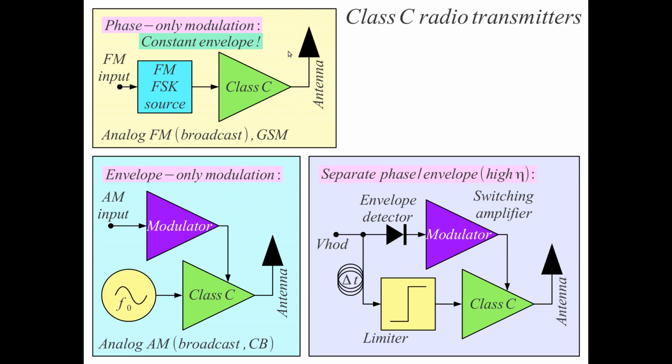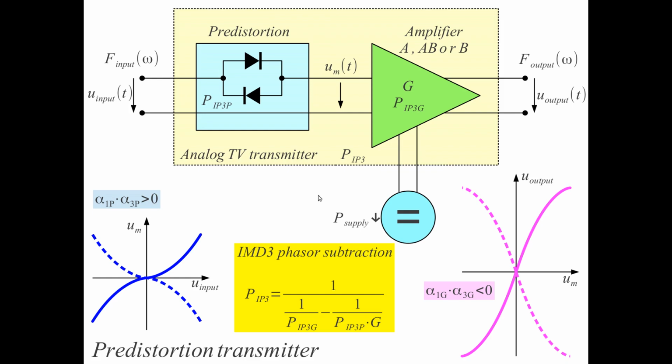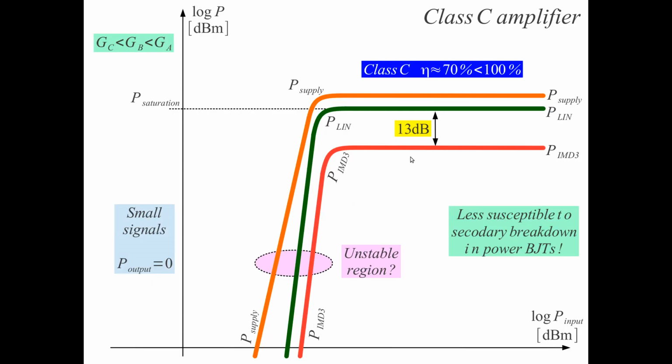But this is not the only use of Class C amplifier. Another use is to actually operate the radio frequency output stage in Class C and apply envelope modulation to the power supply of this Class C. We are actually changing the supply voltage, by modulating the supply voltage.